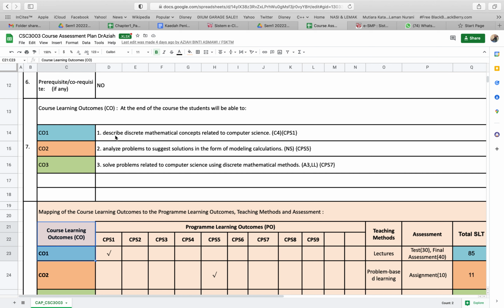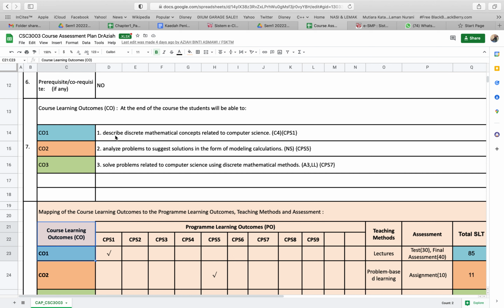Okay, the second one, we are going to assess you in terms of numerical skill. NS is numerical skill. At the end of each module or topic, you must be able to analyze a problem to suggest a solution in the form of modeling calculation.